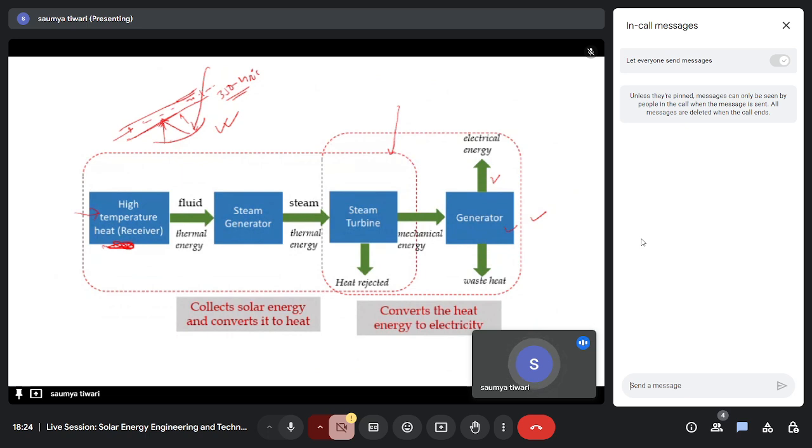Thermal energy is absorbed by this fluid, which is then fed to the steam generator, where steam is generated. Heat exchange takes place between this fluid and the steam, and this steam is further utilized to drive the turbine, and this mechanical energy can be further used in a generator to generate electrical energy.